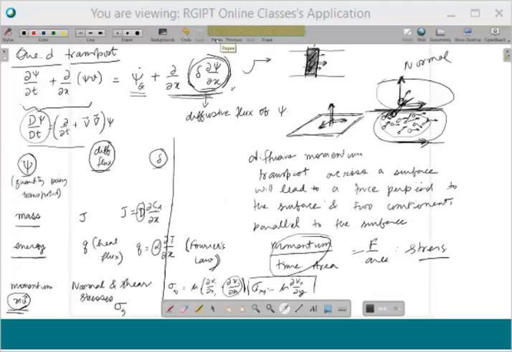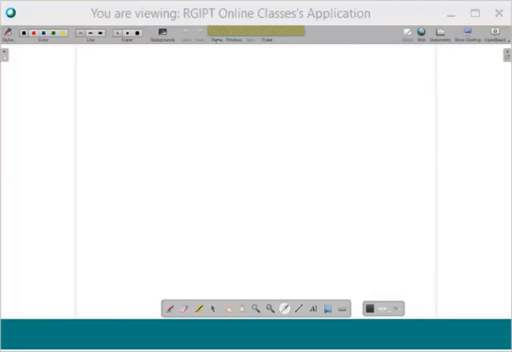Now let's further elaborate and plug in these expressions for different quantities. Let's say I choose psi to be mass. So I have the mass balance equation, which is also called the continuity equation.